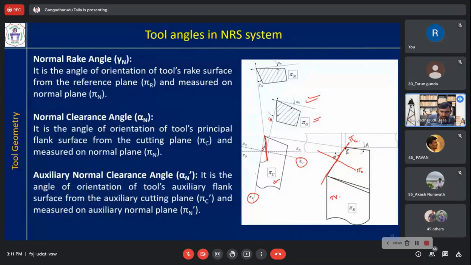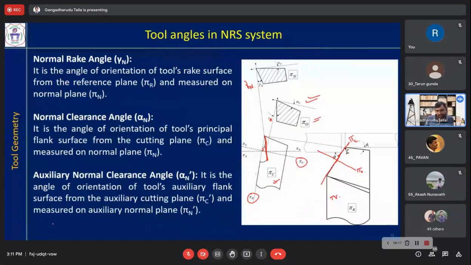Similarly, if you cut this tool along pi n and project it on this pi n plane, whatever angle you will get is gamma n here. It is normal rake angle and alpha n is normal clearance angle. So that is the difference between these two systems. Is it clear?